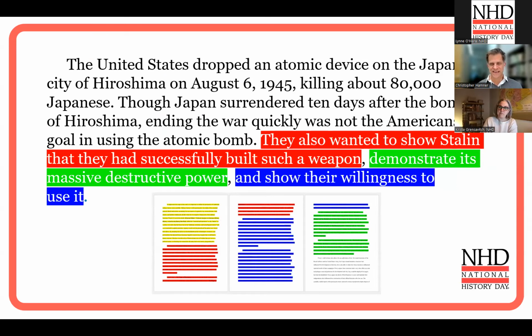Now, what if I get into the essay and I get something about showing Stalin that they had built the weapon, but then something about the Americans' willingness to use it, and then reference to its massive destructive power? Now, as a reader, I'm a little confused.